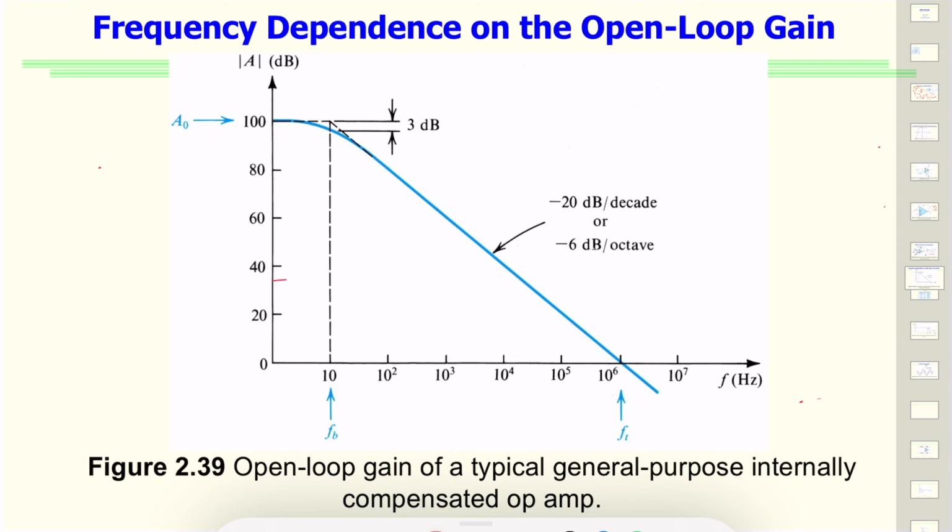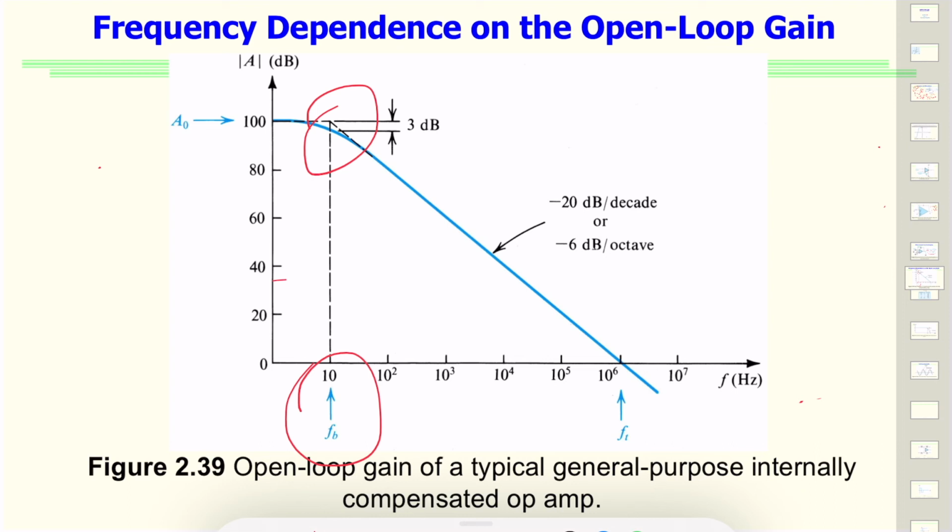What we are seeing here is that the gain is quite high at DC and low frequencies. It starts to fall off at a low frequency, which is 10 hertz here, and we call this the break frequency or 3 dB point. So that is when it starts falling below the 3 dB value.